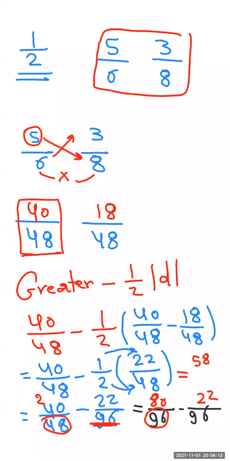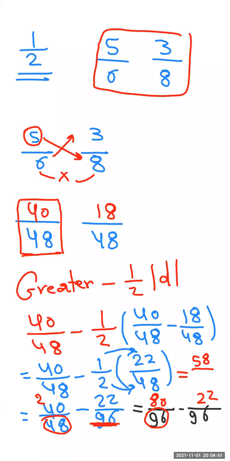Why did we multiply the 40? Because the denominator was multiplied by 2: it was 48 and now it becomes 96, so we also have to multiply the numerator by 2. I multiplied so that we can unify the two denominators, 48 and 96.